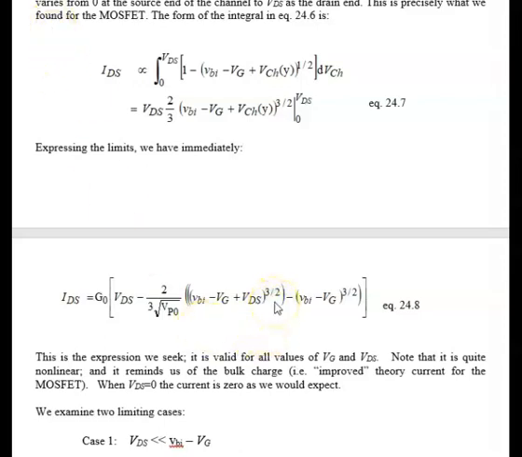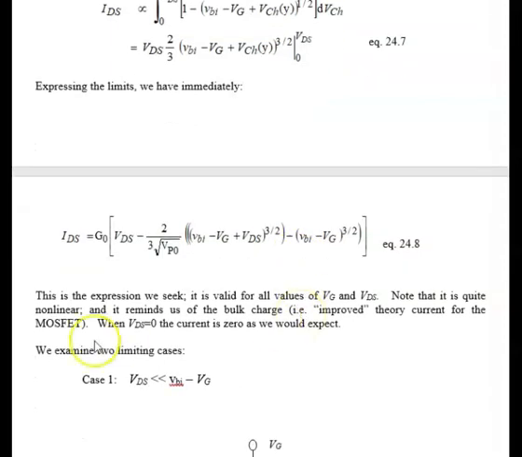And again, this 3/2 power is reminiscent of the bulk charge theory in the MOSFET. So we really see some very nice similarities here. VBI is, because this is a Schottky, the inherent barrier in the metal semiconductor Schottky barrier. Okay, so that's pretty cool.